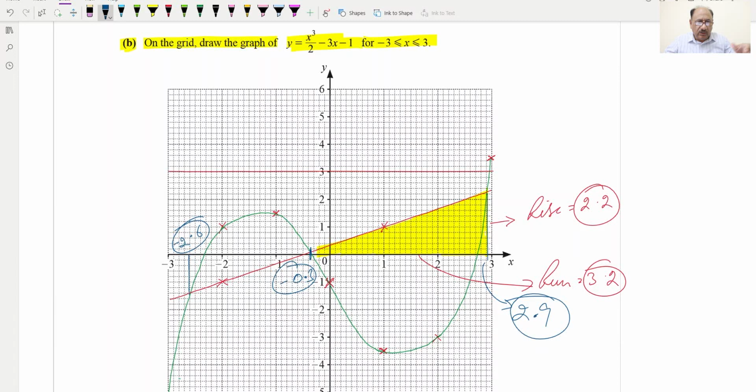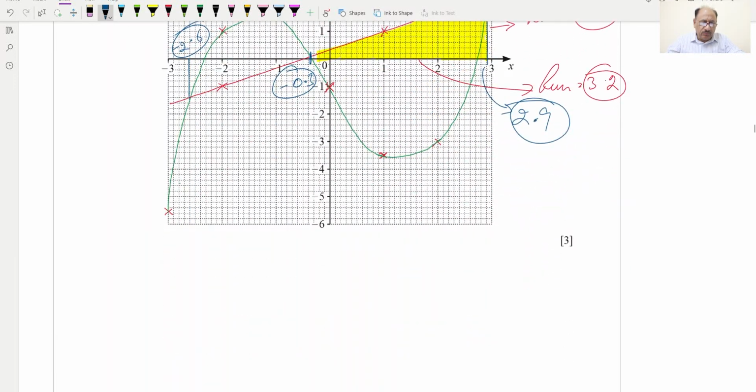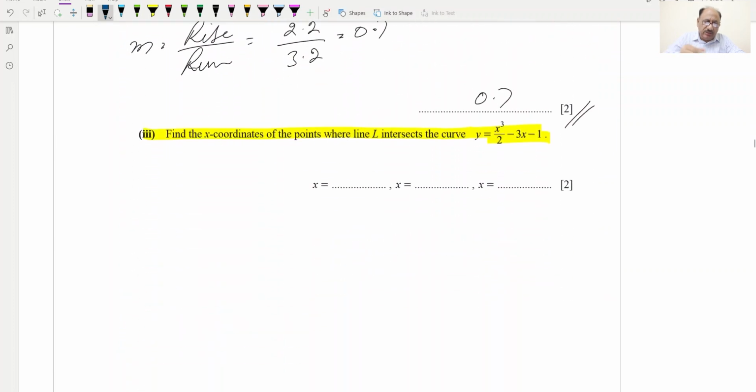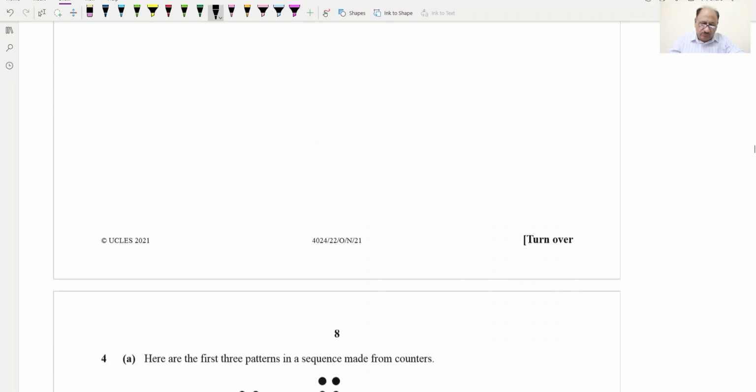Hopefully you are understanding these 3 points. I will write there -2.6, -0.3, and 2.9. So this is a 2 mark question which we are done.